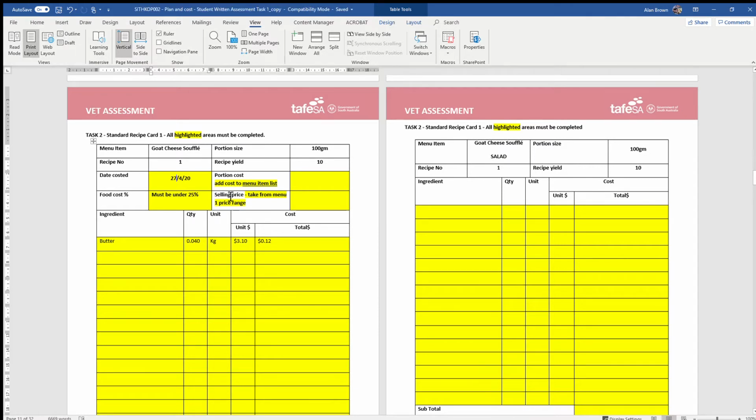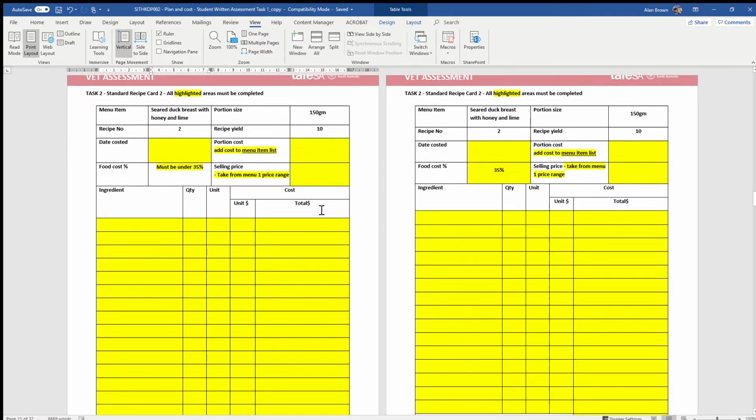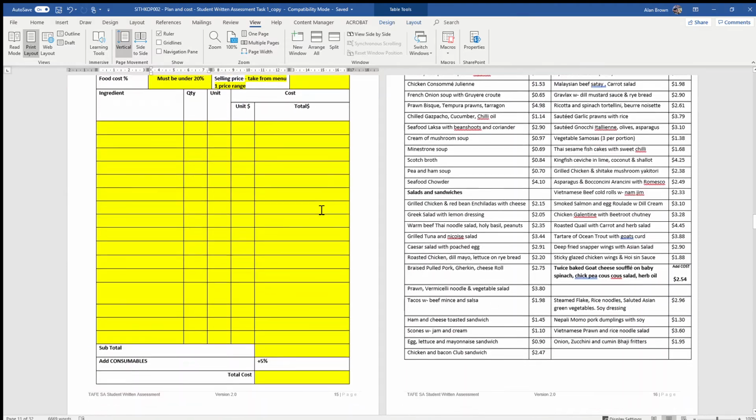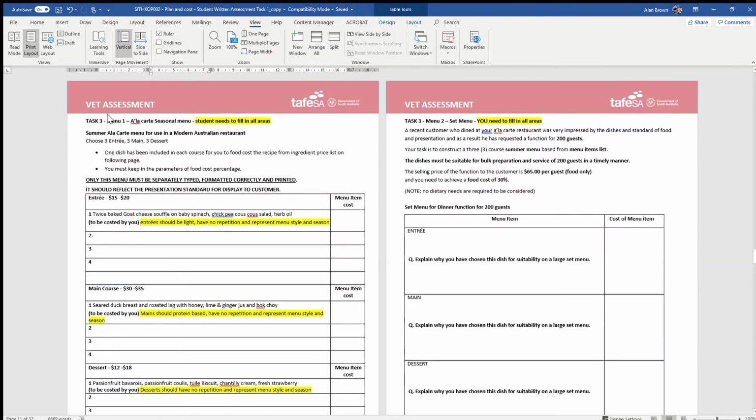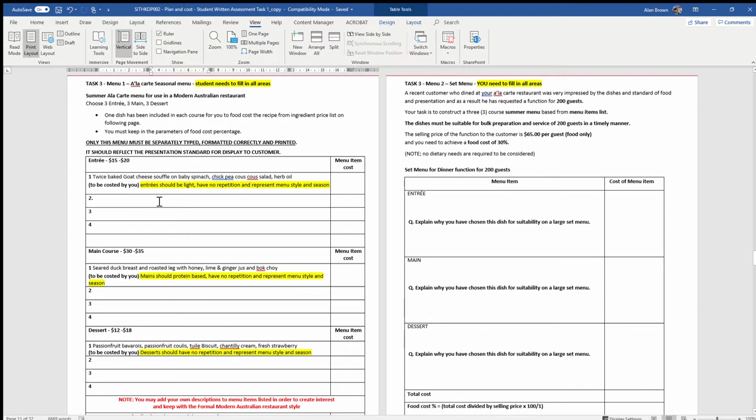The selling price here, you need to go down to the menu 1 price range. I'll just scroll down to that quickly. And here it is, menu 1. That is your selling price range, between $15 and $20.